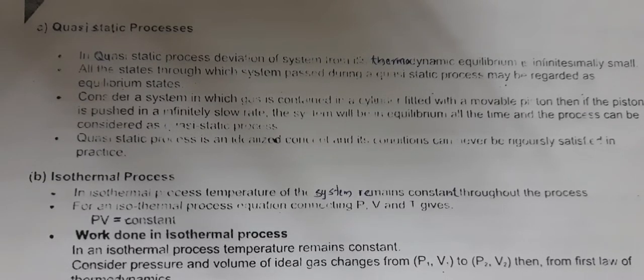The condition for this process is that it should be a slow process, very slow, so that every time the system is almost in the same state compared to the previous state. That is, there is no drastic change in the conditions of the system, and it will be almost in equilibrium in all the small intervals.